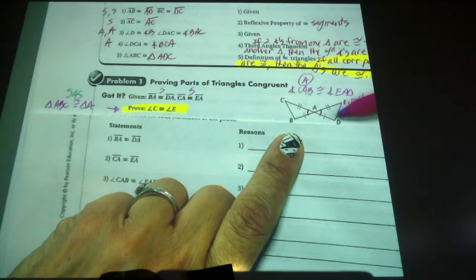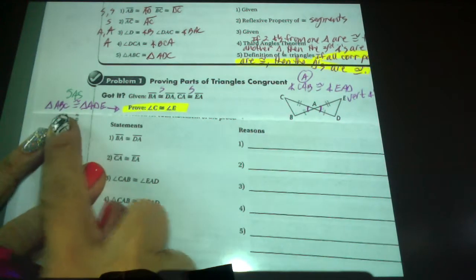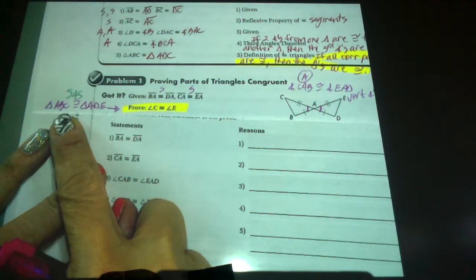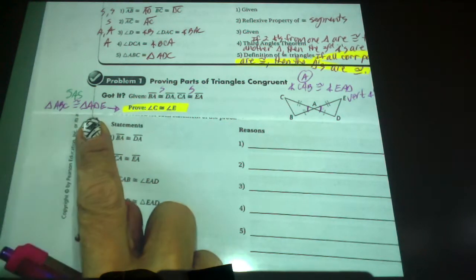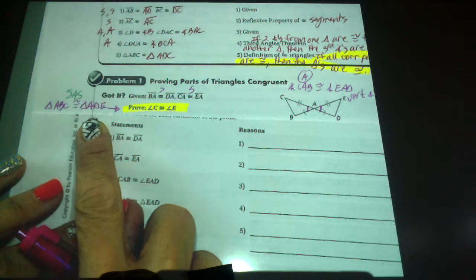So D has to correspond to B. That leaves us with E. Now you could have switched up ABC and written it BCA, but then you'd have to make sure that corresponding angles align with each other. So everybody's could be different.